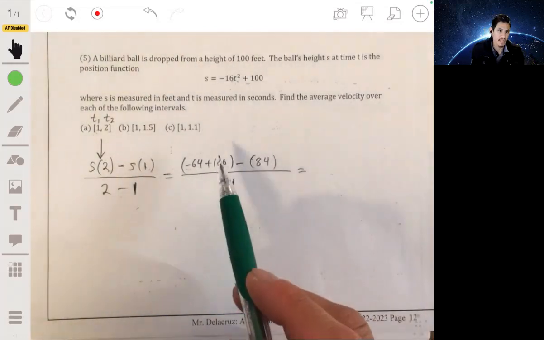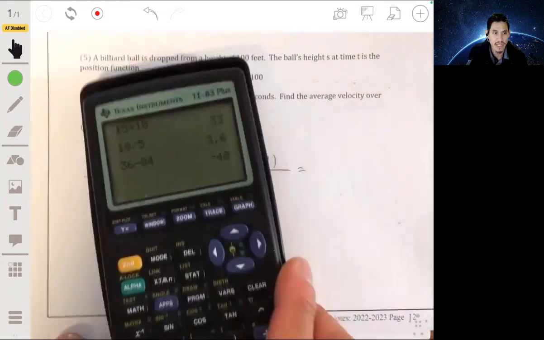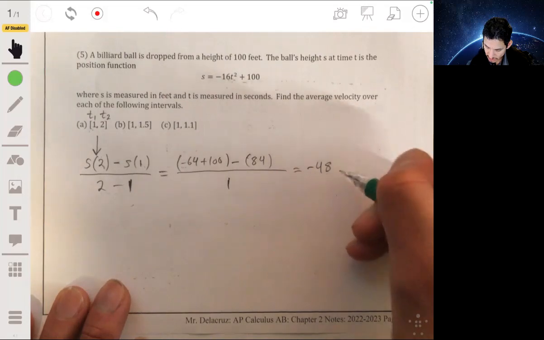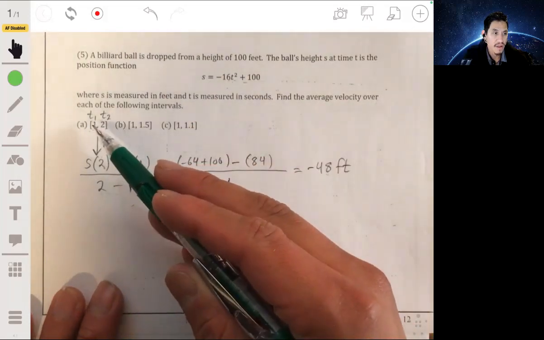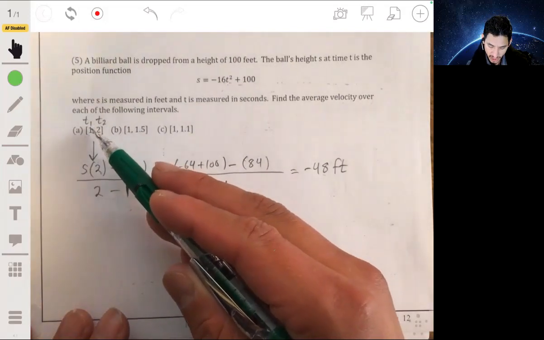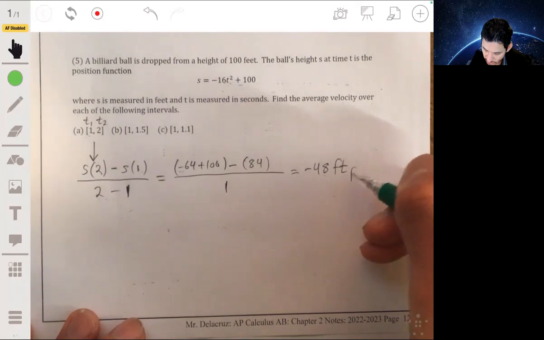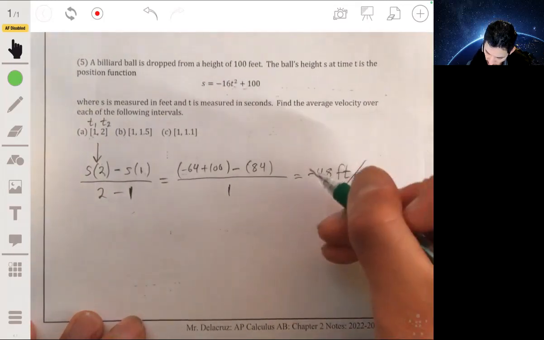And what we would get is 36 minus 84, which is negative 48. So we can say then that the average velocity over the first interval, from time 1 second to time 2 seconds, was negative 48 feet per second.